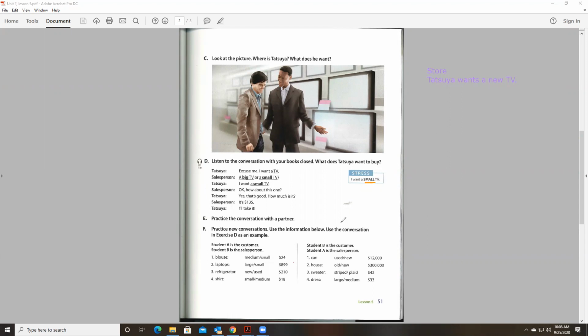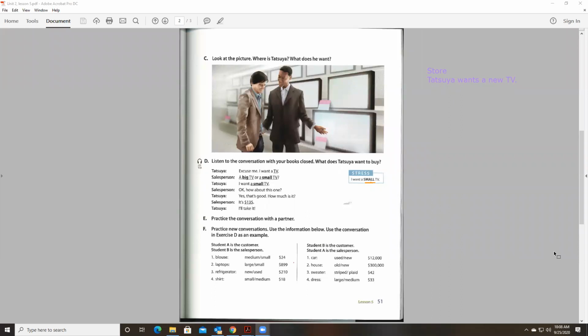Now, E, it says practice the conversation with a partner. You do not have a partner, so just practice the conversation with yourself. Okay. Now let's look at F. It says practice new conversations. Use the information below.